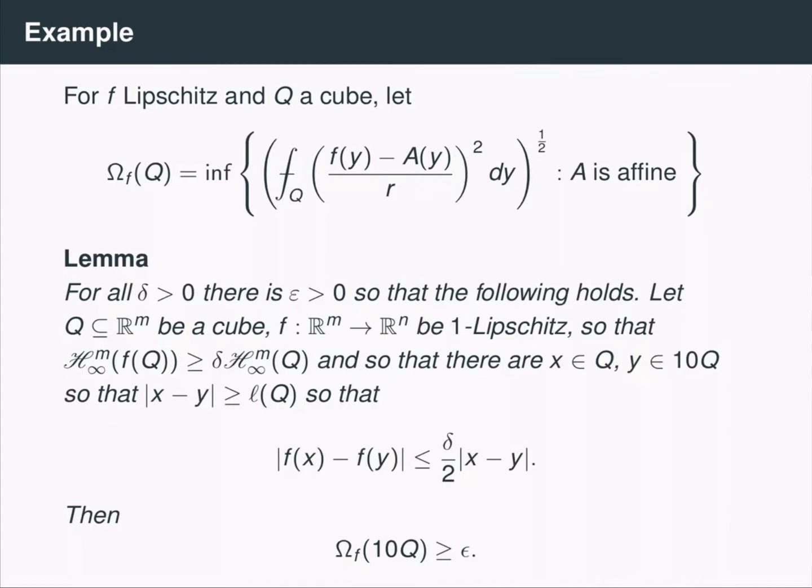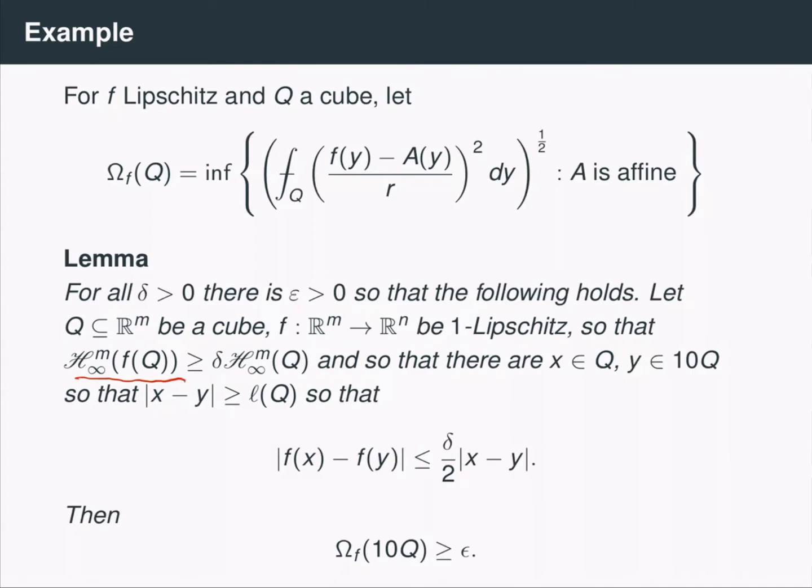We're going to need this lemma later. For any delta, we may find an epsilon so that the following holds. Suppose we have a cube Q in Euclidean space and a 1-Lipschitz function f from R^m into another Euclidean space. Suppose that the Hausdorff content of the image of the cube is at least delta times the Hausdorff content of the original cube.